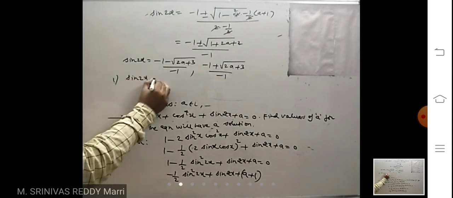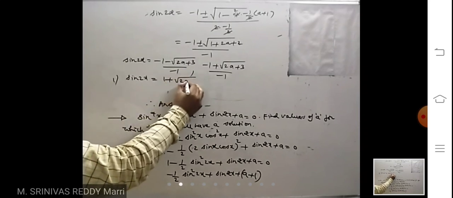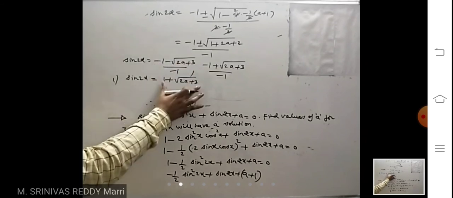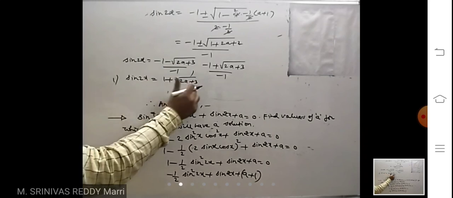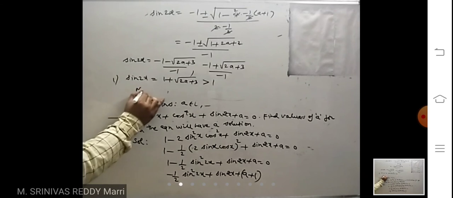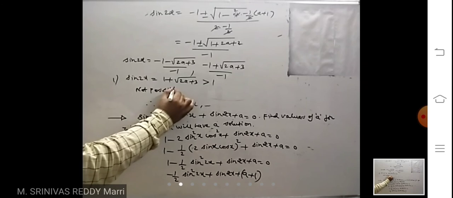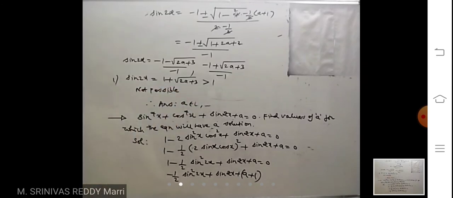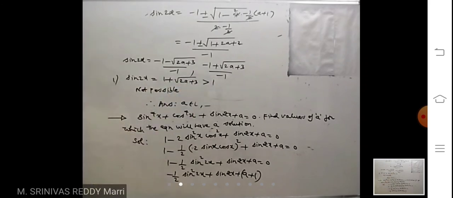First case: the minus gets cancelled, giving 1 plus root of 2a plus 3, which is 1 plus a positive value. This is greater than 1, which means it is not possible. So not a possible solution here.